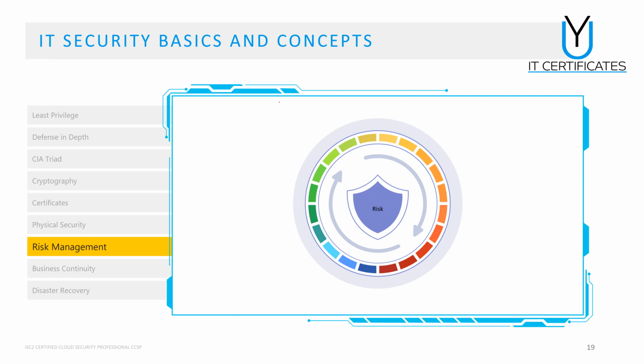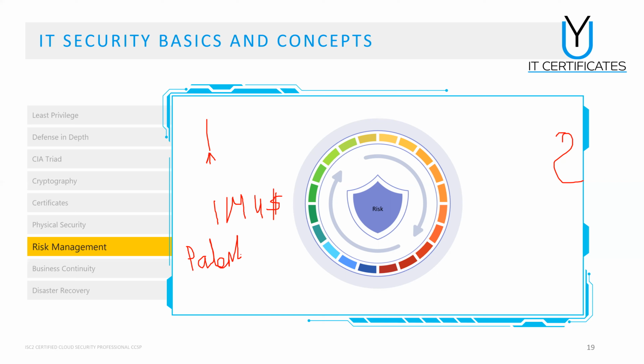Just for example, to understand the importance of risk management, suppose that you have asset number one and asset number two. Asset one will cost the company $1 million if it's attacked. Let's say it's a patent for a manufacturing company or whatever.